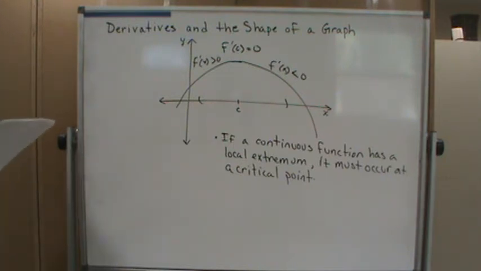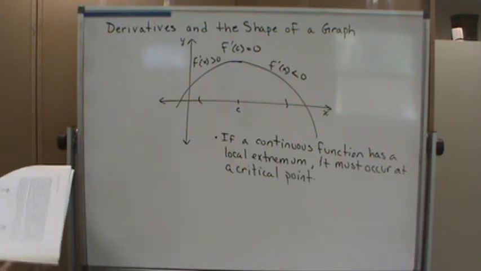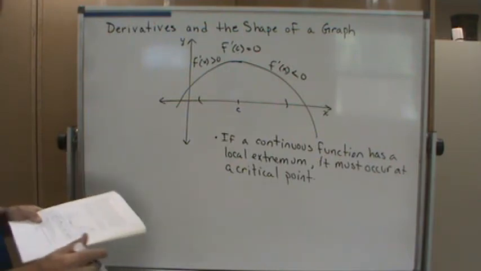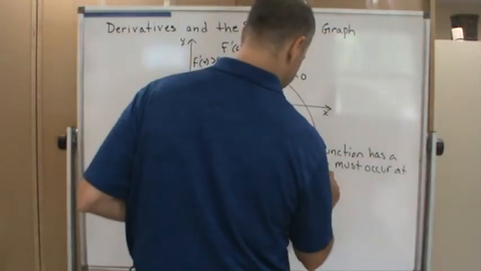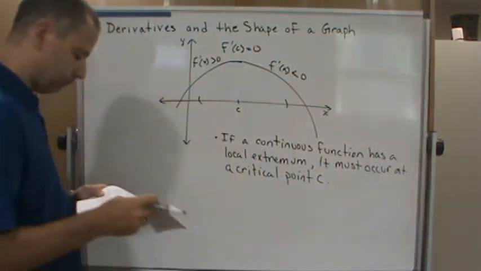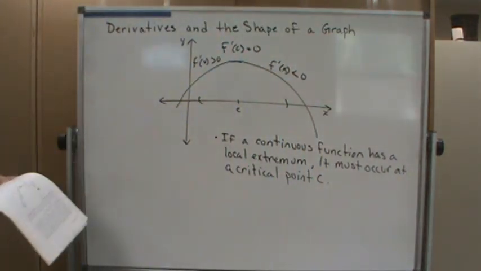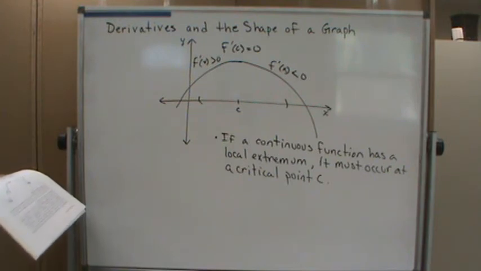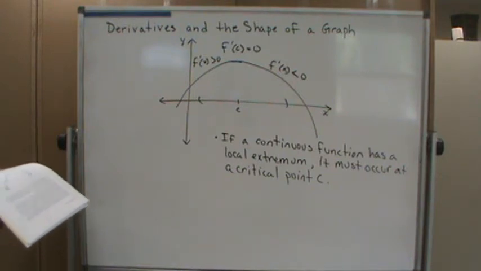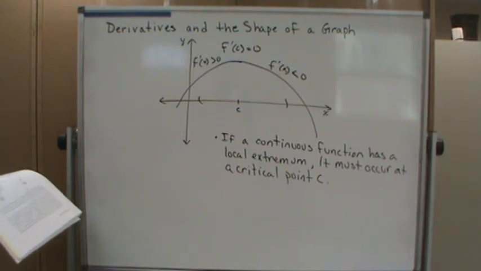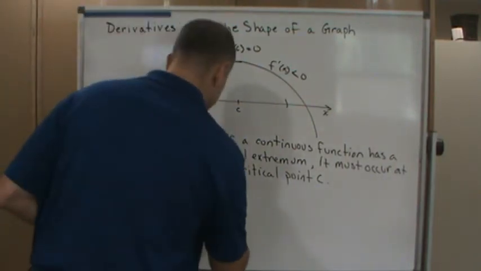So that we know from before, but it bears repeating. So we'll call that critical point C. The other thing is the function has a local extremum at a critical point C if and only if the derivative f prime switches signs as x increases through C. So that's what we were just talking about.